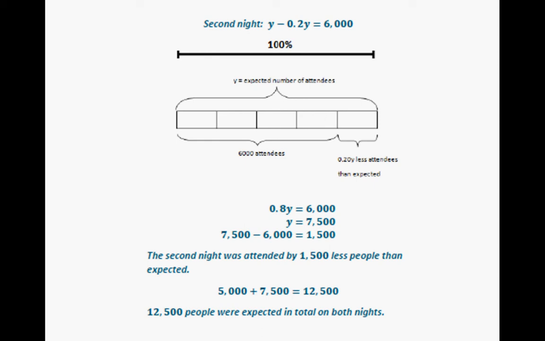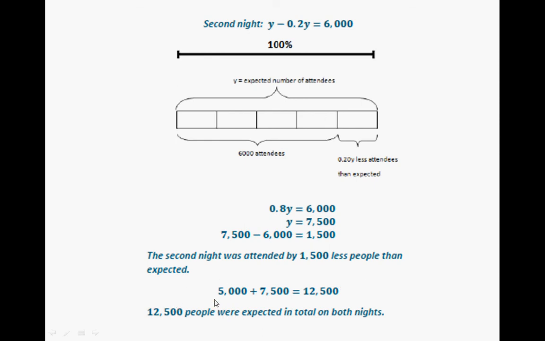So that means that they're expecting 80% of Y, because 1 minus 2/10 is 8/10. So when you divide by 8/10, you get Y is 7,500. And the difference between 7,500 and 6,000 is 1,500. So the second night was attended by 1,500 people less than expected.